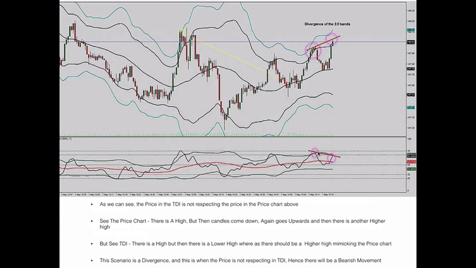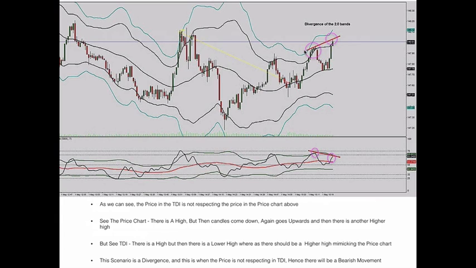There is a high, but it's lower than this high, right? So it should not be something like that. There should be a higher high mimicking the price chart. Goes up, comes down, goes higher than this point, but it is not happening. Going up, coming down, and it's just still here. So as you can see, this pattern is called a divergence.